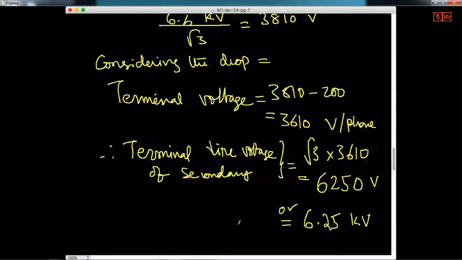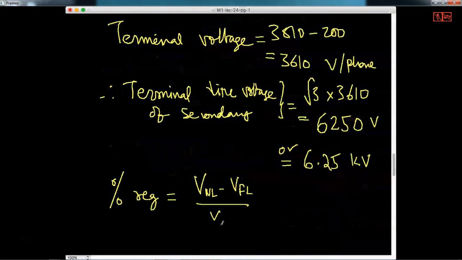Now, of course, we can also calculate the percentage regulation. So how to find percentage regulation? Voltage at no load minus voltage at full load divided by voltage at no load. So here I can use 6.6 minus 6.25 divided by 6.6.